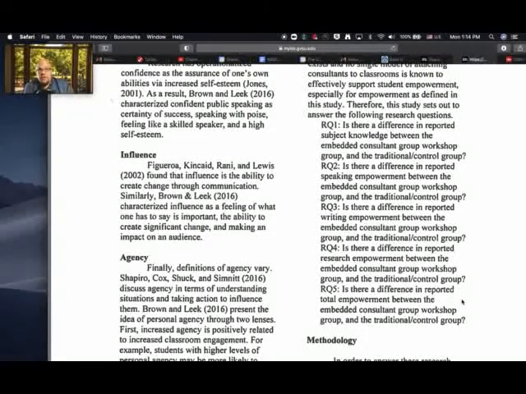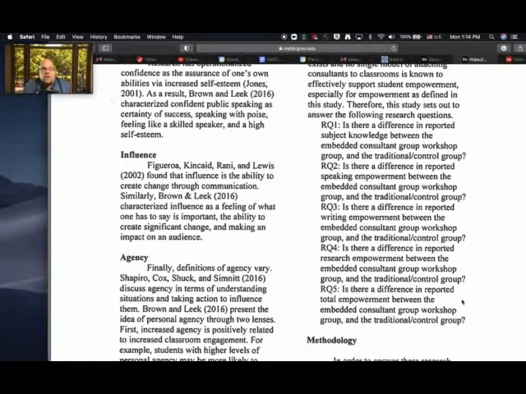So, is there a difference between these things? And they all say basically the same stuff. Is there a difference between reported empowerment between the embedded consultant group workshop group and the traditional control group? So it was a very straightforward experimental design. And so that's the idea that I'm working with here.